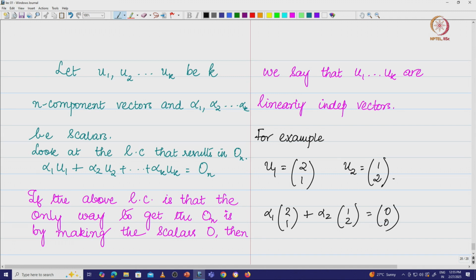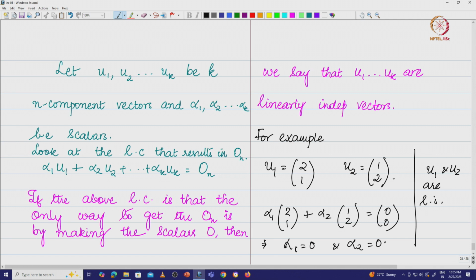The only way in which you can get the 0 vector is by making alpha 1 equal to 0 and alpha 2 equal to 0. You can try out for this particular case, there is no other combination alpha 1, alpha 2 that would give me the 0 vector, in which case we say that (2, 1) and (1, 2) are linearly independent. So u1 and u2 are linearly independent.